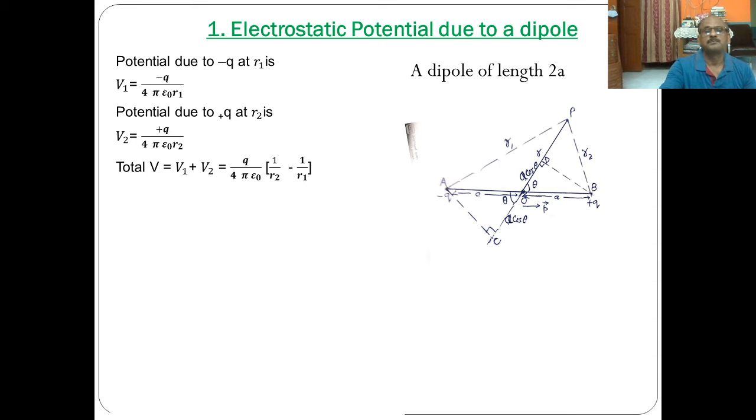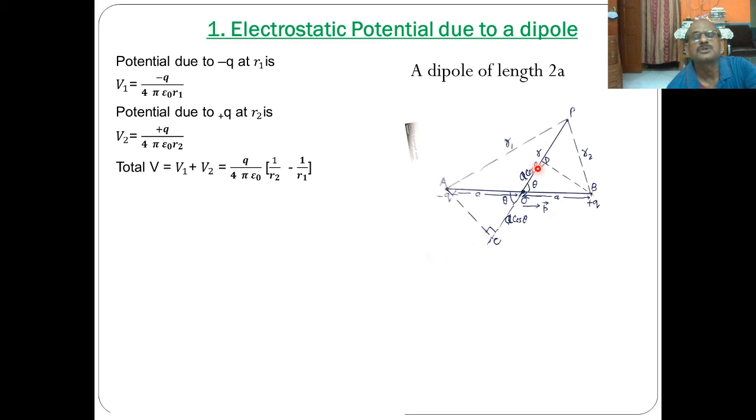So if we substitute the values of r1 and r2 in terms of r, then we will find the value of potential at P due to a dipole. For this purpose, if we draw a perpendicular AC on OP and a perpendicular from B, that is BD, on OP, then by using approximation, in triangle ACP, r1 is nearly equal to PC, that is r plus a cos theta, and in triangle BPD, r2 is nearly equal to PD, and that will be r minus a cos theta.